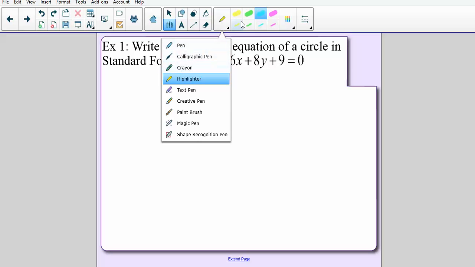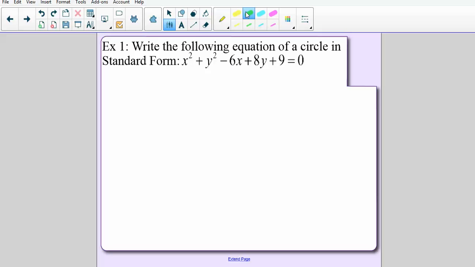So the first thing you guys are going to do, in example 1 on page 74, is basically reorder everything. You want to group the x terms together and your y terms together. I'm going to be very specific about this, so please listen as I do this. When you do your x terms, you're going to do x squared minus 6x. I want you to leave a space.